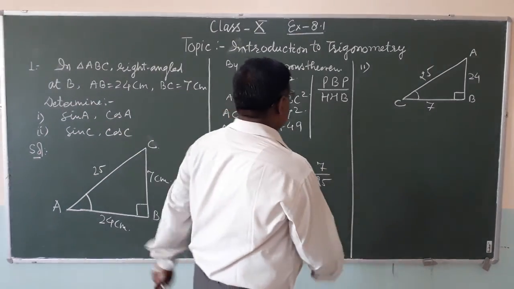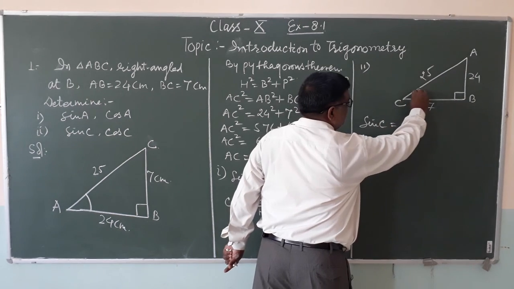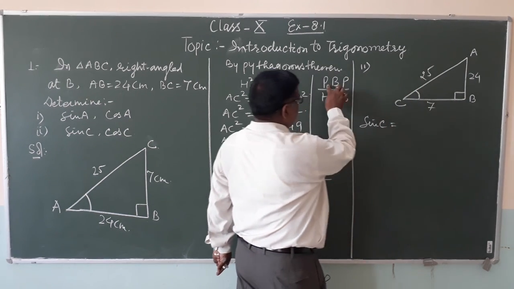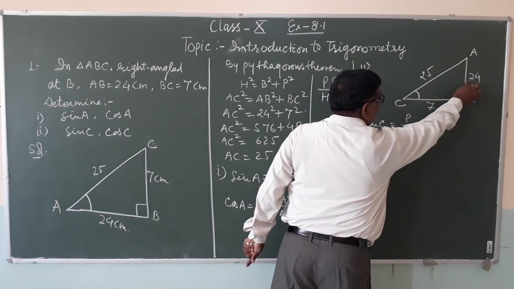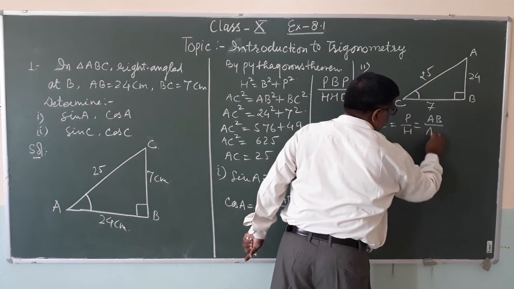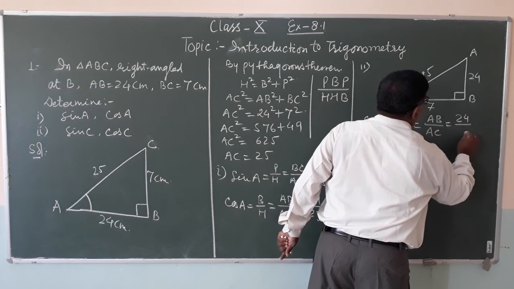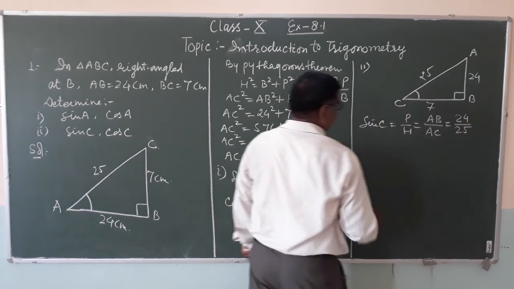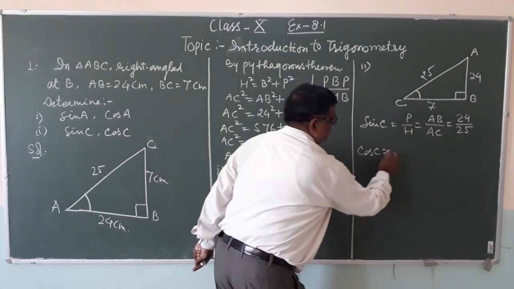Now we have to find sine C. Take this angle C, that is P by H, and what is P? That is AB upon H, which is AC. So we can write 24 upon 25, and cos C, that is B by H.